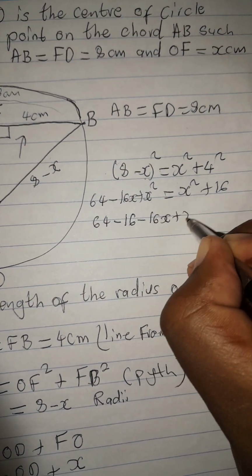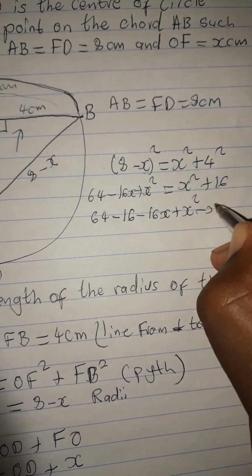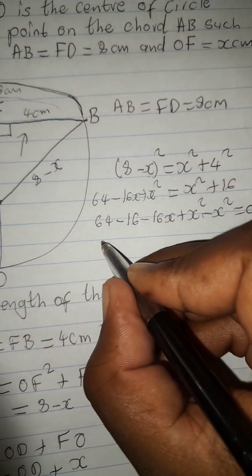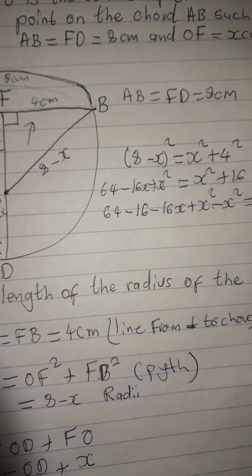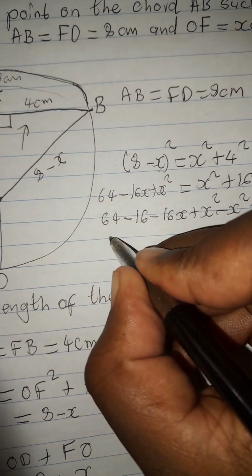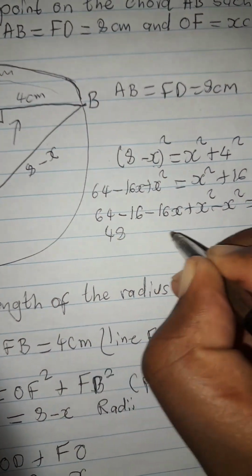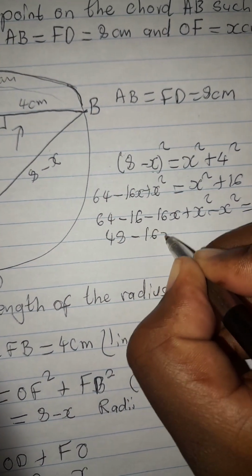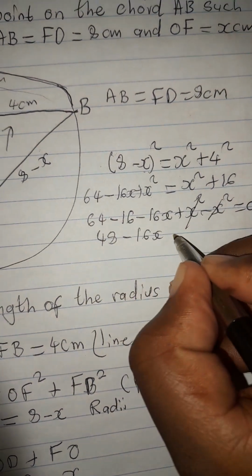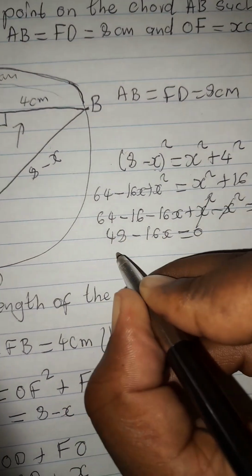Take x squared to the other side. Since it's a quadratic equation, equate it to 0. 64 minus 16 is 48, minus 16x. The x squared terms cancel because they give us 0.